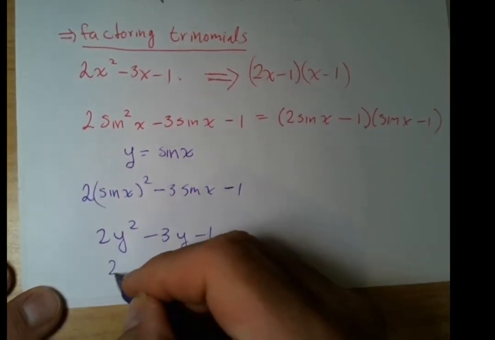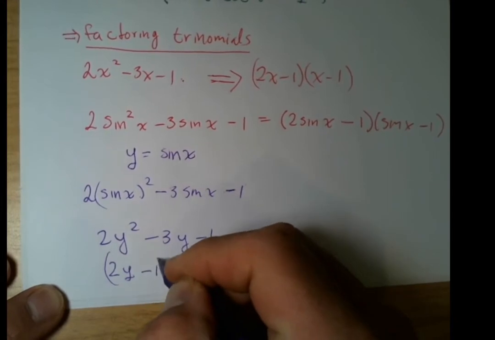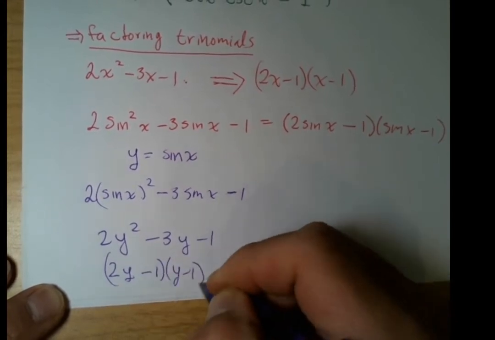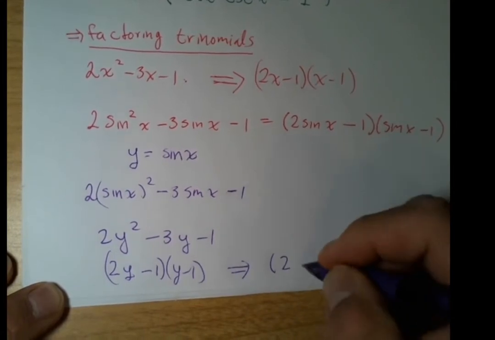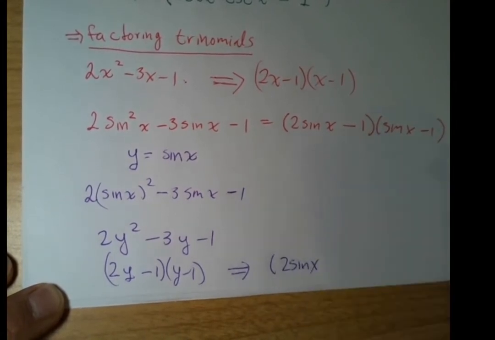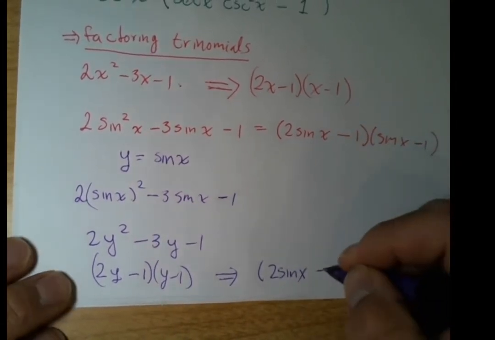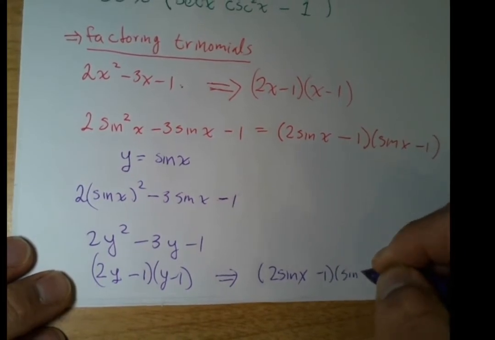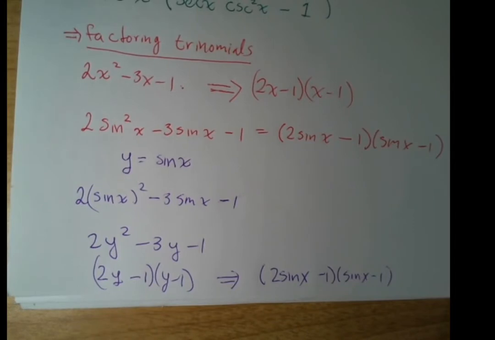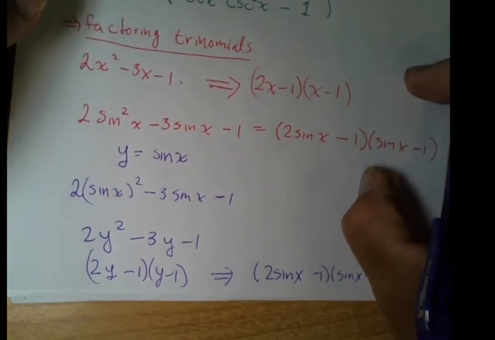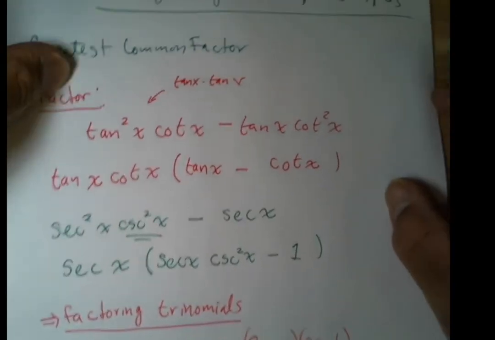And if you're more comfortable factoring this, and then the last step would be to substitute back in, right? Don't forget that. Okay, so that's how we would factor some of these trig expressions.